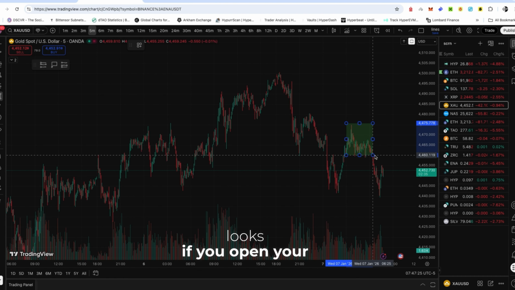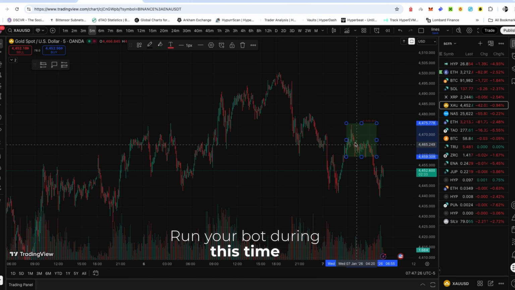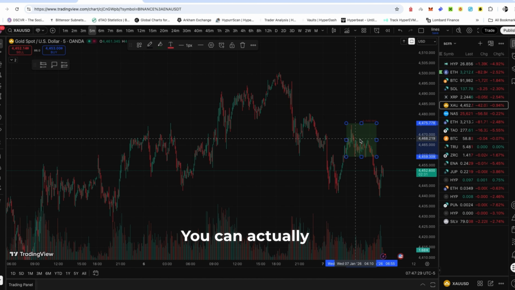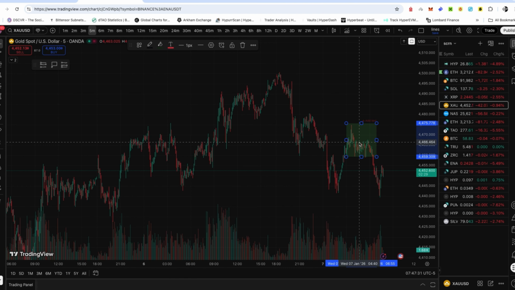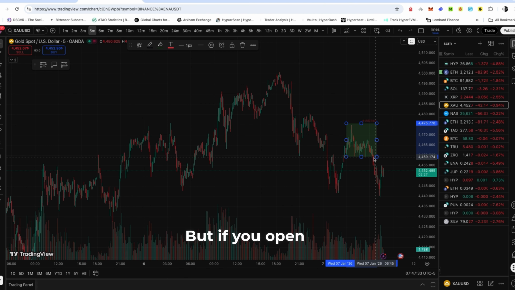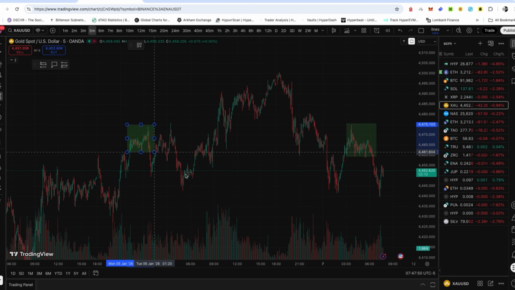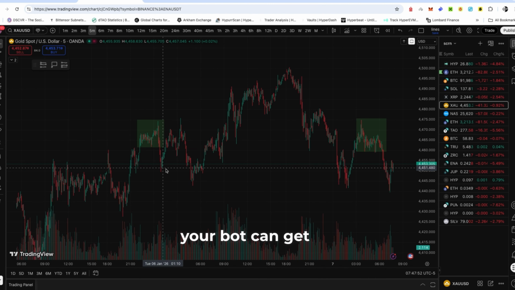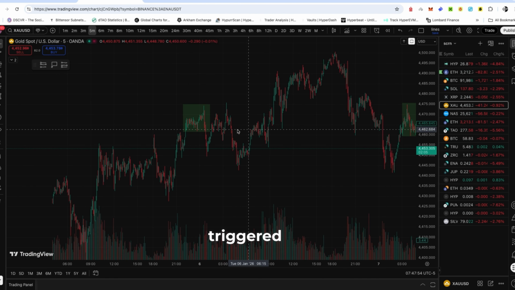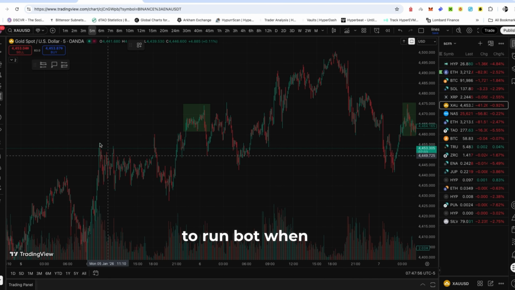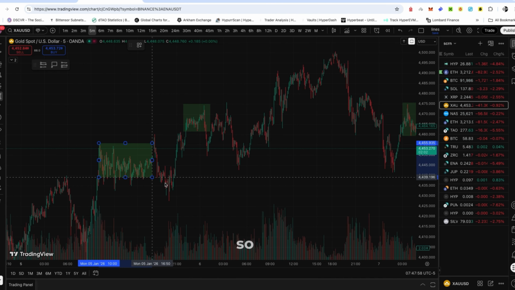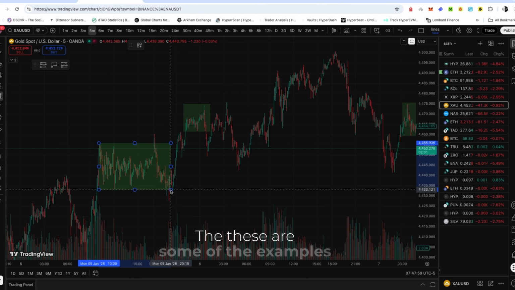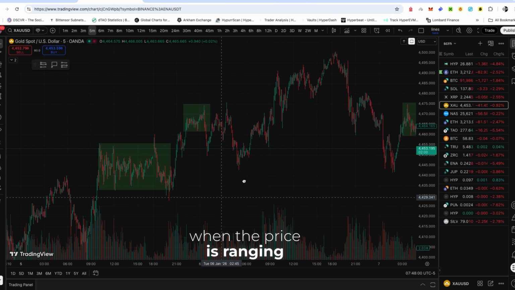If you run your bot during this time, you can actually make some profit on your bot orders. But if you open somewhere here, then your bot can get a stop loss triggered. So the idea is to run the bot when the price is ranging. These are some examples of when the price is ranging.